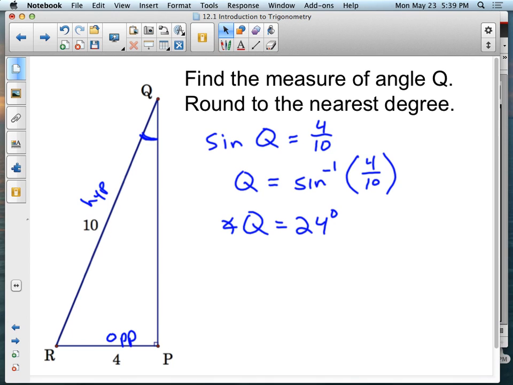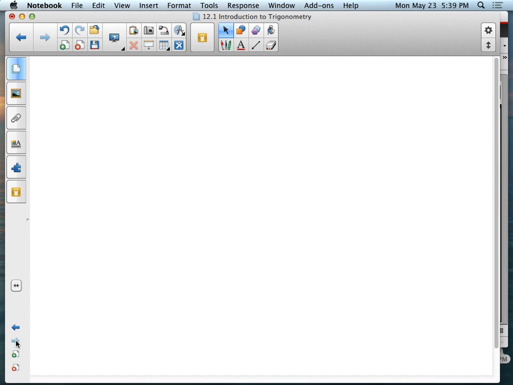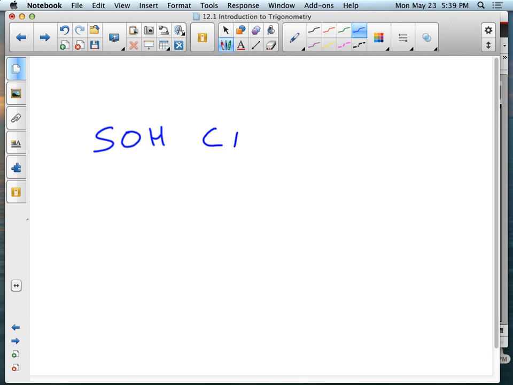So you might be thinking, wow, it's really hard to remember all these ratios. Well, thank goodness there's a nice way to remember this. Some people like to pronounce this as SOHCAHTOA, where the SO, the SOH, reminds us that the sine is the opposite over hypotenuse.